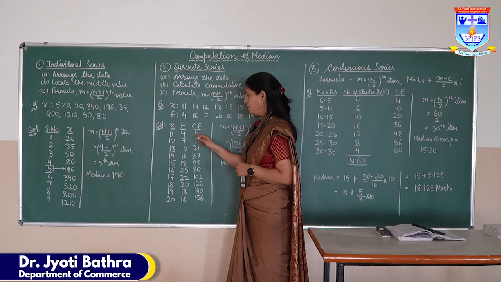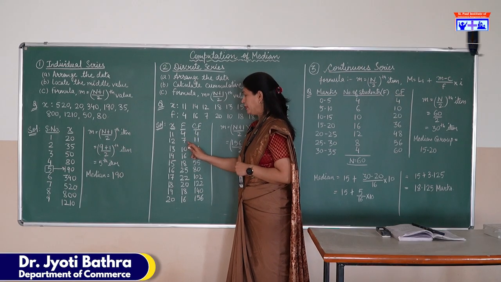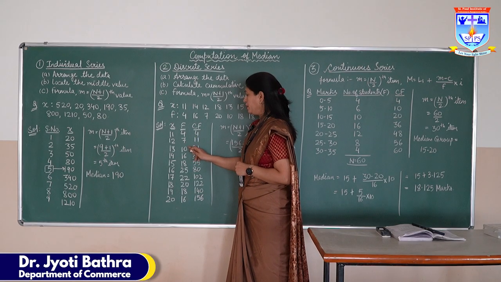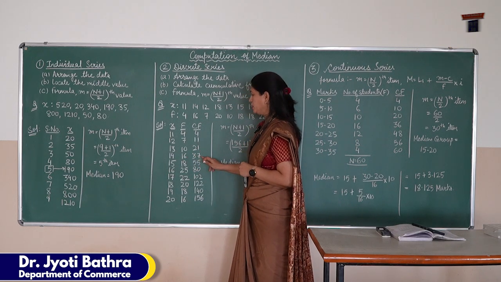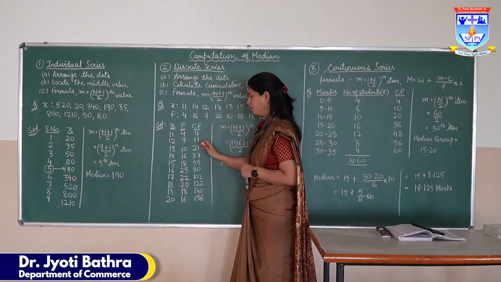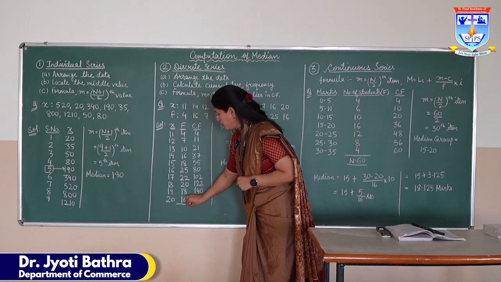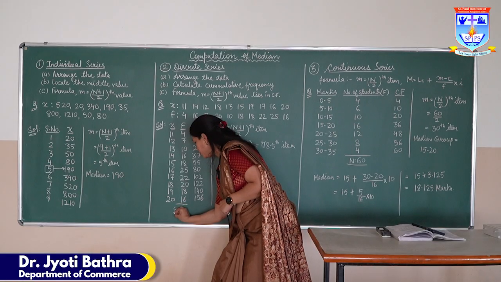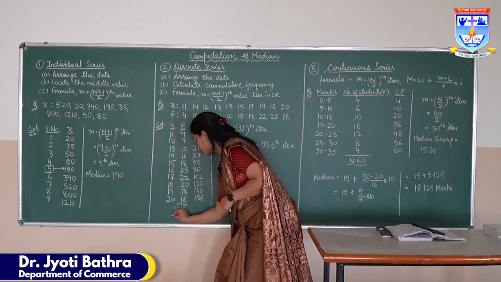4 comes 4, then 4 plus 7 comes 11, then 11 plus 10 comes 21, then 16 plus 21 is 37, 37 plus 18 is 55, and so on. The total, sigma f, equals 156.